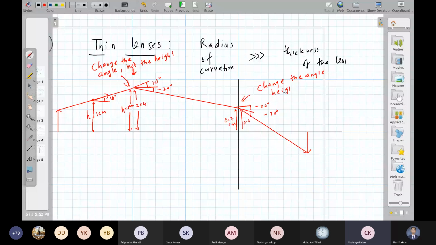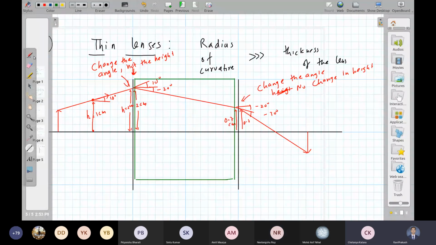Okay. What about this? जो बीच में एक, let me call it a slab of air. What is the role of this big air slab? इसका क्या रोल है? Anyone? So light enters into this slab at some angle. किस एंगल पे एंटर किया? -20 डिग्री पर, right? Light exits from this slab at some angle. किस एंगल पे एग्जिट हुआ?